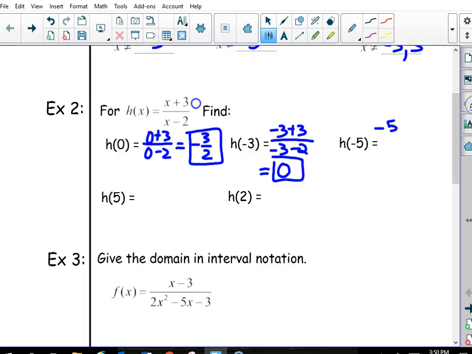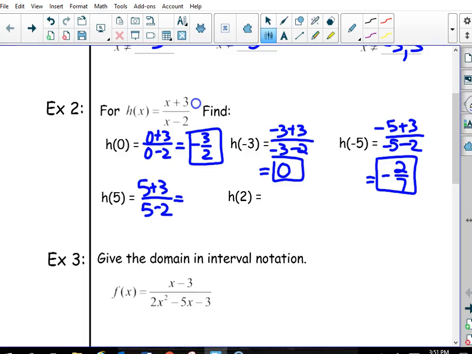All right, -5 plus 3 over -5 minus 2. That looks like it's a 2 over -7. And it looks like 8 over 3.